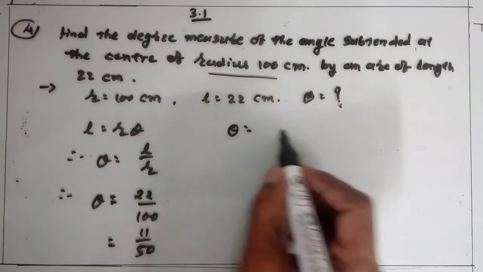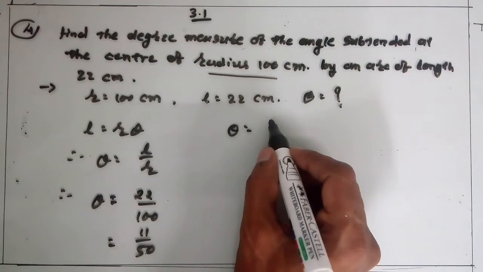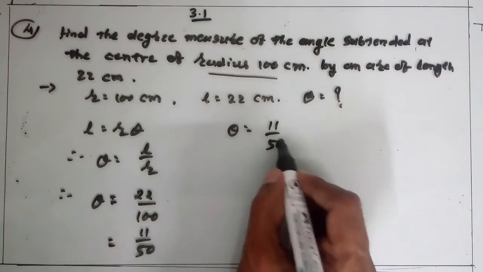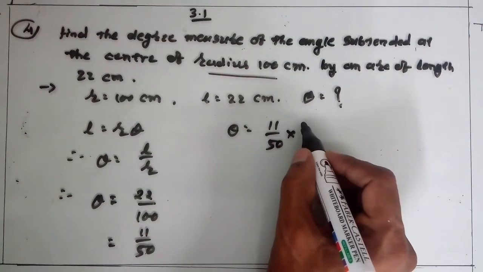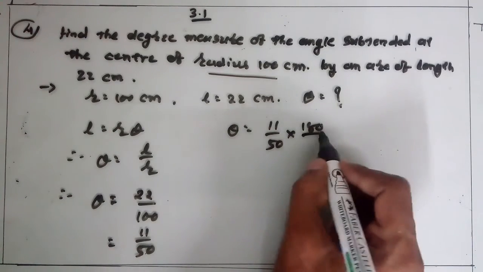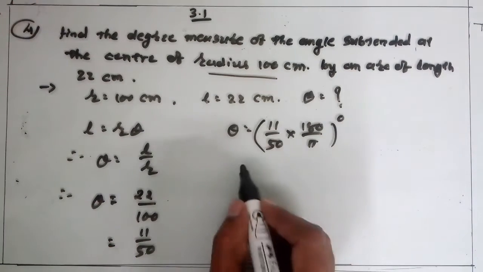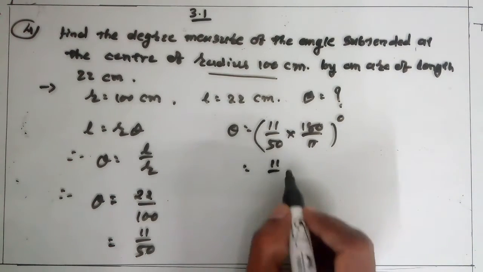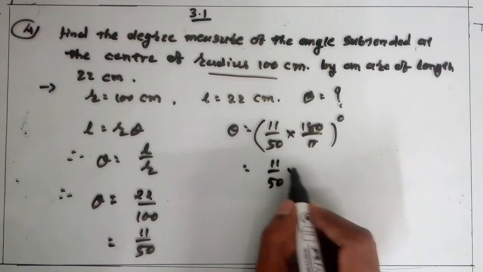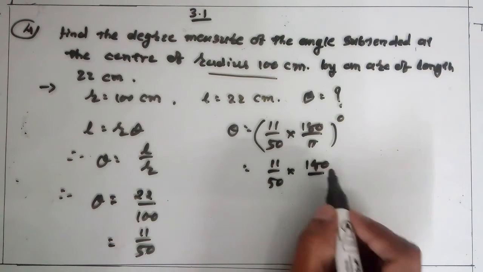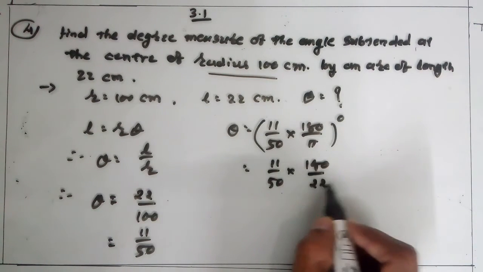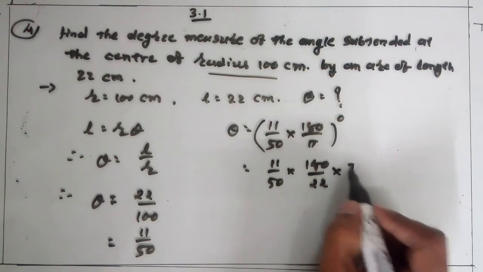So theta, in degree form, we know how to change this into degree form: multiply by 180 and divide by pi. So it is equal to 11 upon 50 into 180 upon pi, taking pi as 22 by 7. Clear?